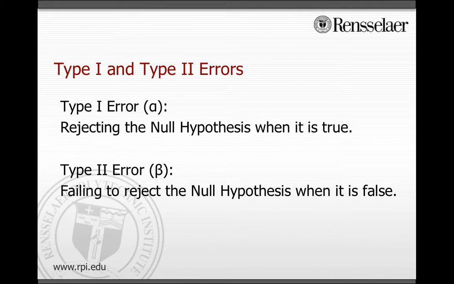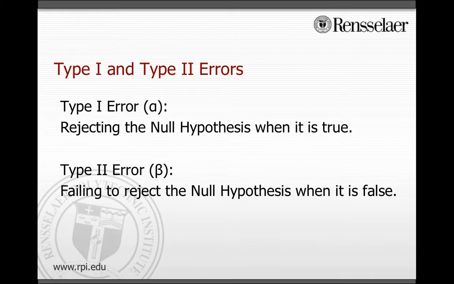So when you're conducting a hypothesis test, there are two types of errors, type 1 and type 2, as they are aptly named. Type 1 error is equal to your alpha probability. It's rejecting the null hypothesis when it's actually true. A type 2 error, also called beta, is failing to reject the null hypothesis when it is false.